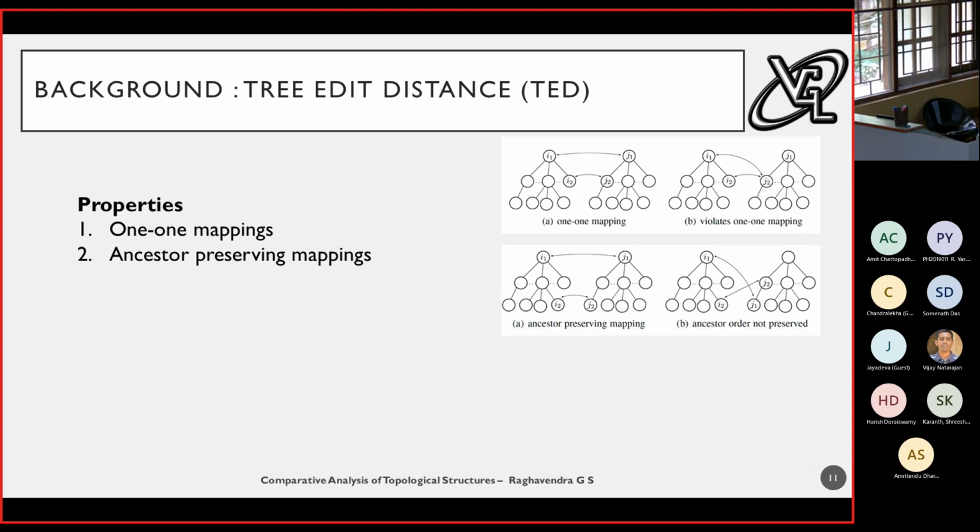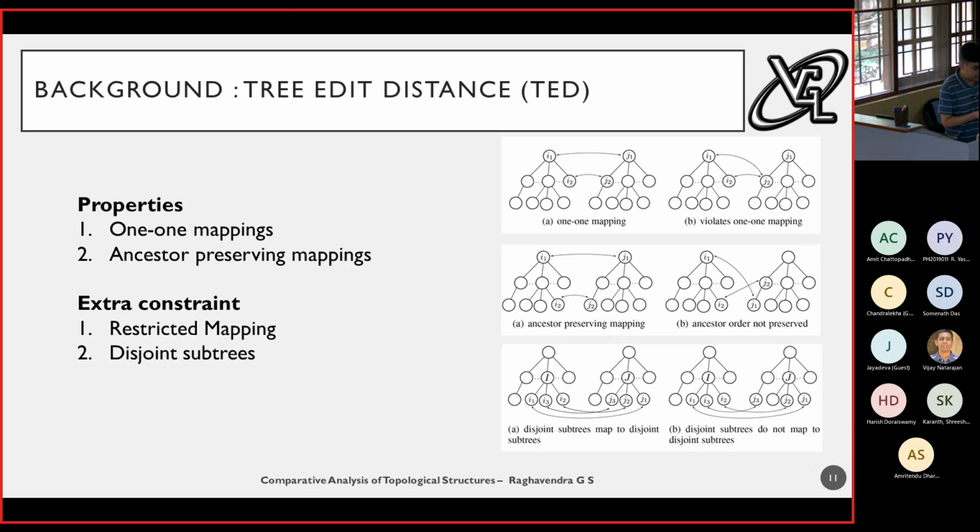There are no cross connections like this. The other part is that tree edit distances are also NP hard to compute. So if we want to compute tree edit distances, we have to impose another constraint, called the restricted mapping, where we restrict the mapping from disjoint subtrees to disjoint subtrees. By doing this, it's tractable. And for the merge tree, the extra constraint also makes sense.